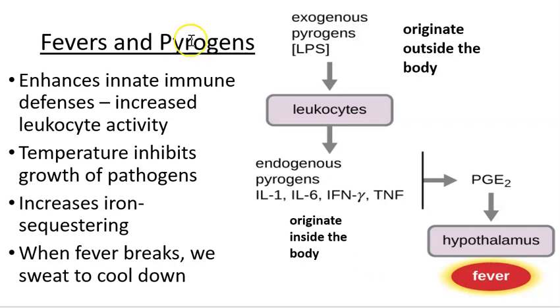There's also exogenous pyrogens, and remember our endotoxin with our lipopolysaccharide. This could be a chemical released by the pathogen that causes your body to produce a fever as you reset your body temperature. The longer that happens, the more damage can occur to you as a result.